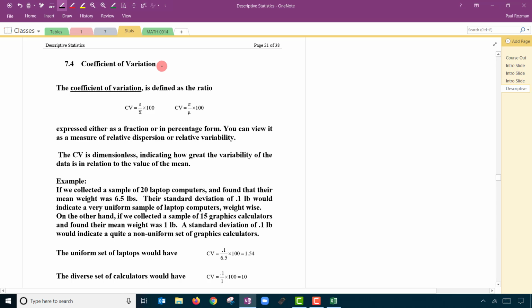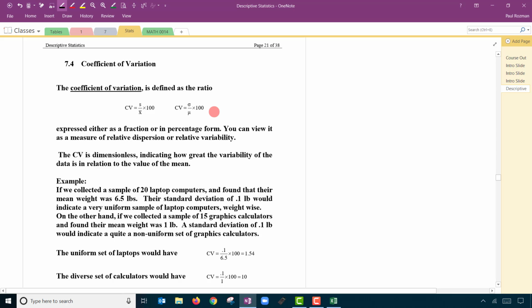Coefficient of variation is the next one. This one is useful, but I don't see it used that often. Maybe in very mathy statistical journals, I will see coefficient of variation, but in general, it's not used that often. But I want you to know about it because it's exactly what I said earlier.